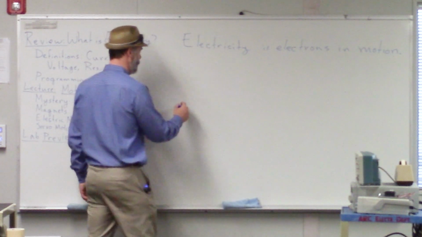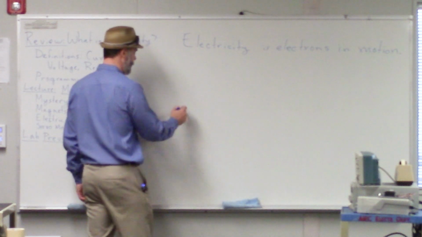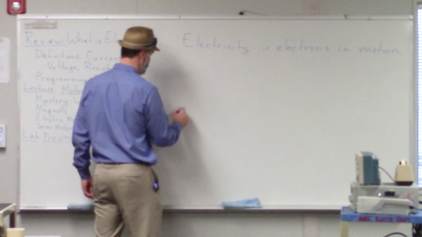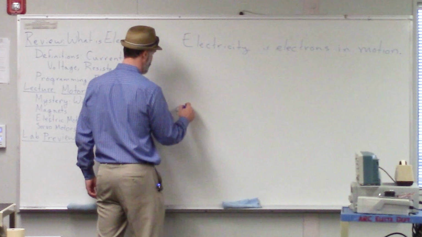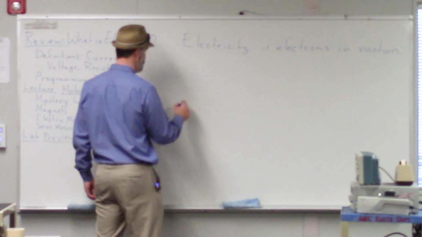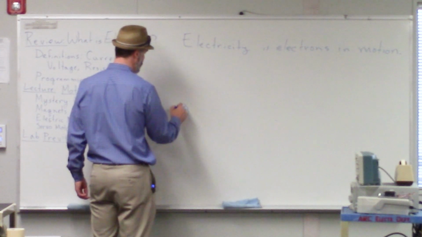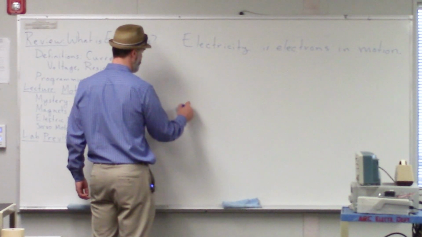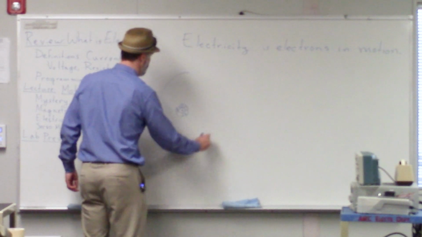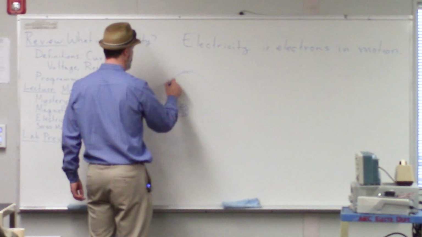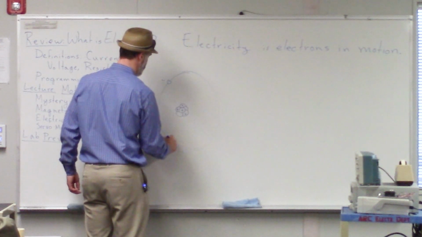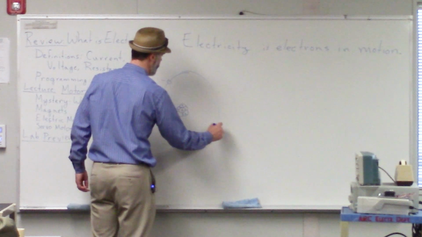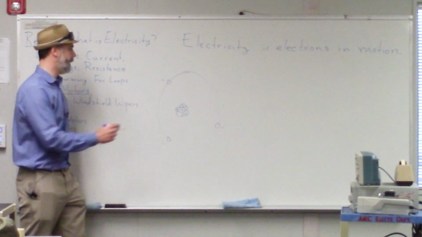We said that all of matter is made up of atoms, which are tiny bits of matter that have a nucleus with positively charged particles called protons, and then an outer shell with negatively charged particles called electrons.